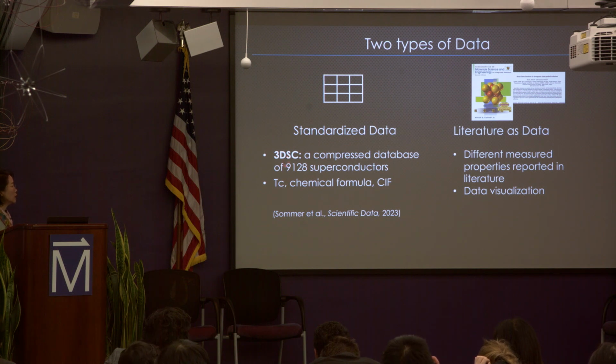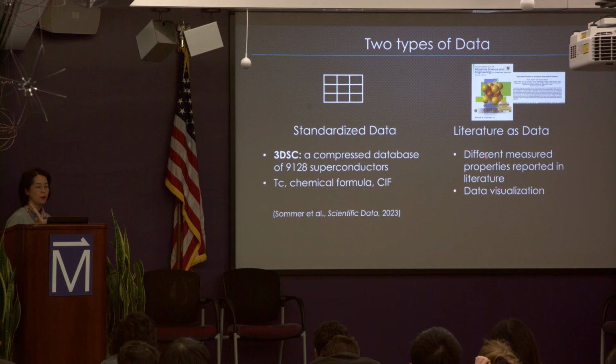So in this database, there's TC, chemical formula, and CIF files of structure, whether sourced from Materials Project or ICSD. There's another additional piece of information in the Supercon database, and that's the literature. There are 30,000 papers associated with all the superconductors that are known to these researchers.